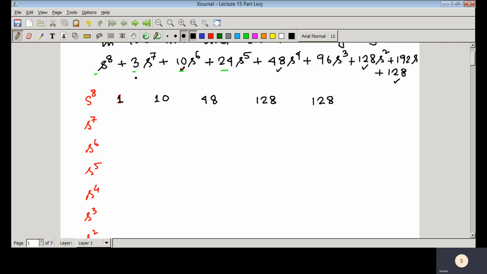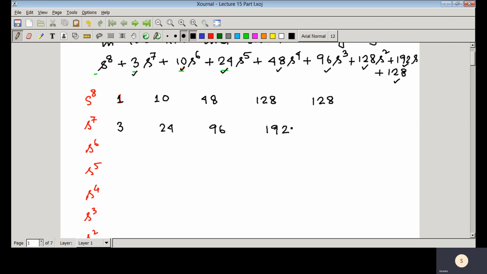Then in the next row you have 3, 24, 96, 192.